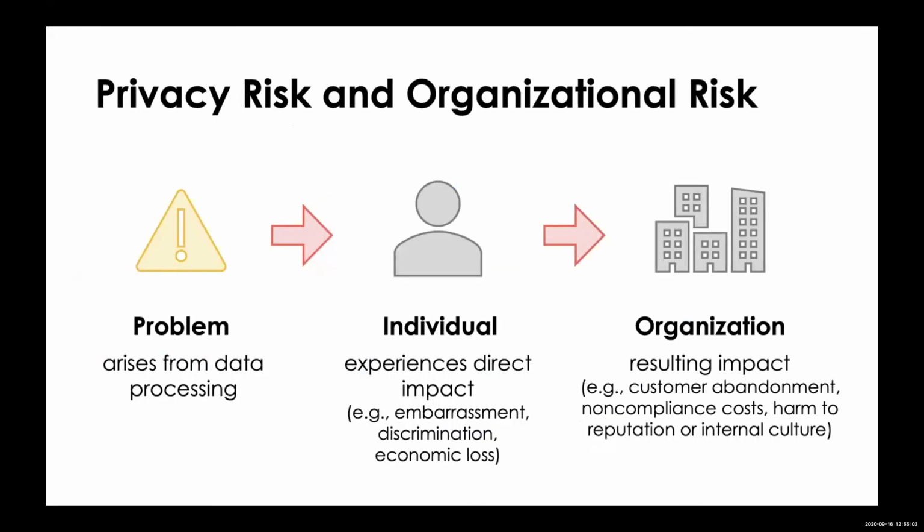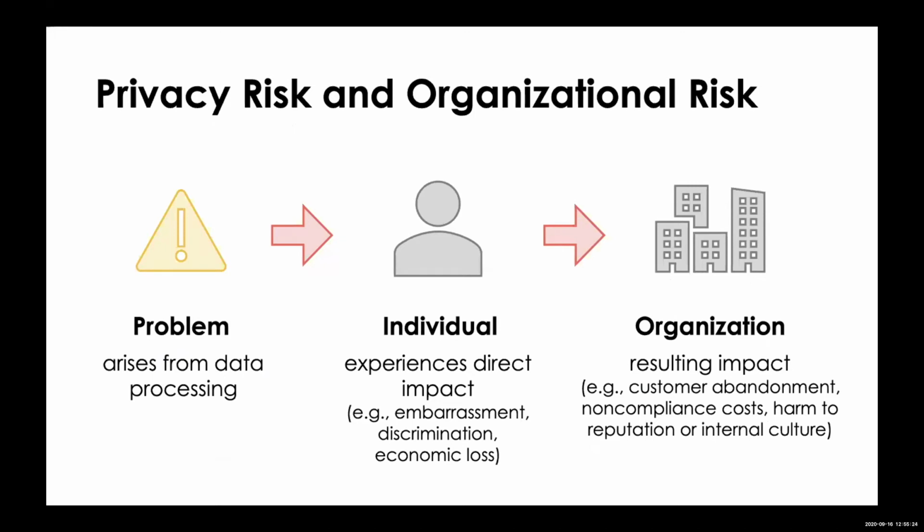So here's a pretty simple articulation of the connective tissue that we try to draw between privacy risk and organizational risk. We call it an enterprise risk management tool for a reason, and we think that part of the framework's utility is helping to draw this connection that we're looking at here.